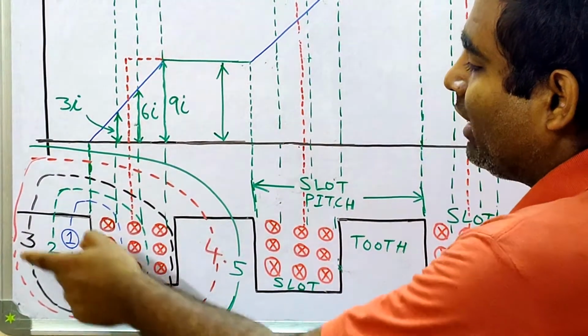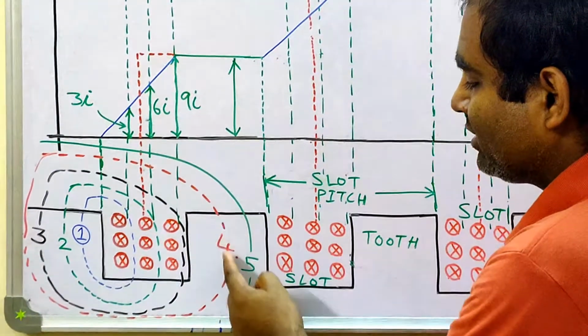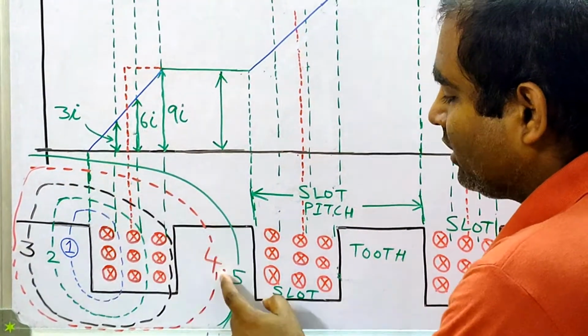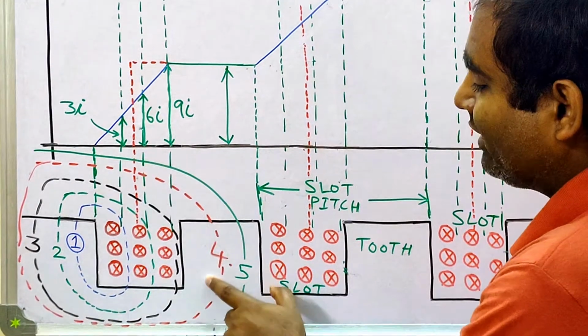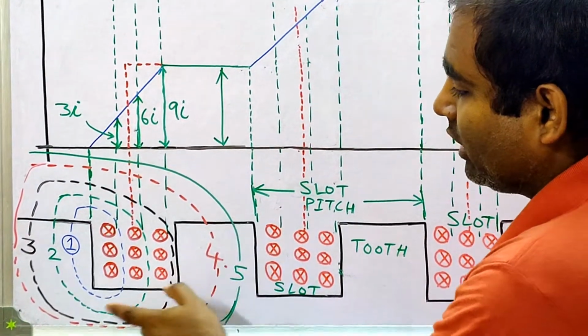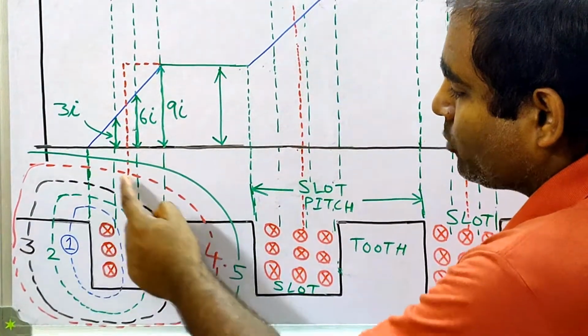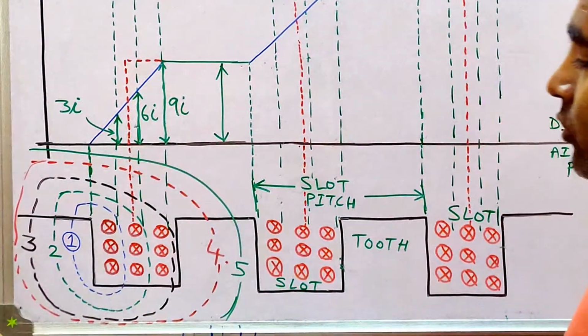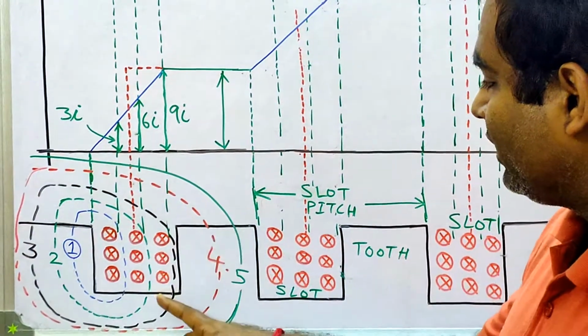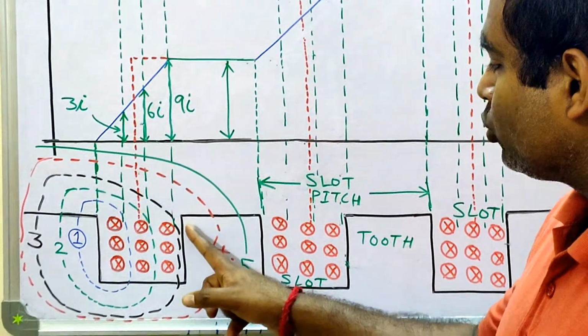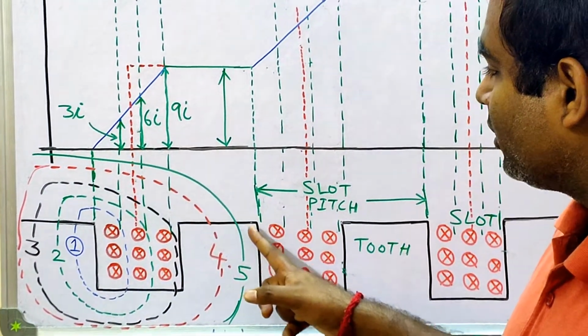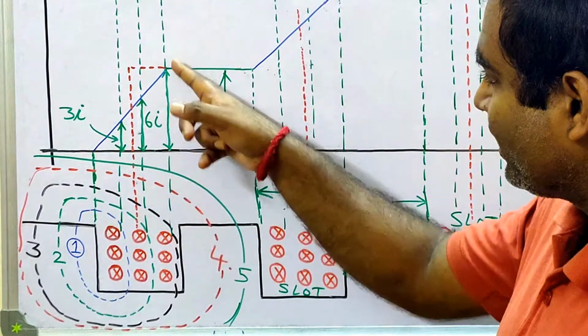So if you choose a path which is enclosing this teeth portion, like path number 4 and 5, you will find that the current enclosed remains at 9I only, which happens to be that enclosed by path number 3. So what do you find? After path number 3, as long as this tooth portion is prevailing, there won't be any increase in MMF.